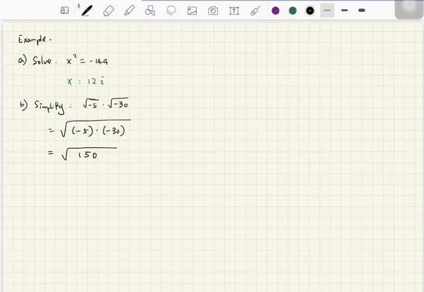And then positive 150, I can break it into 5 times square root of 6, because 150 can be broken down into 6 times 25. However, this is not the correct answer.